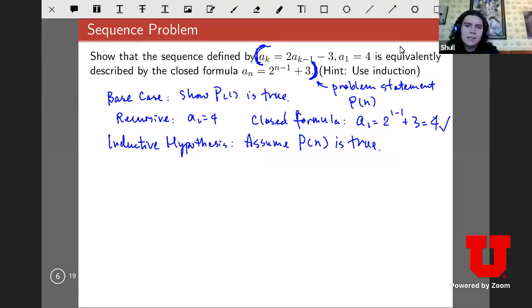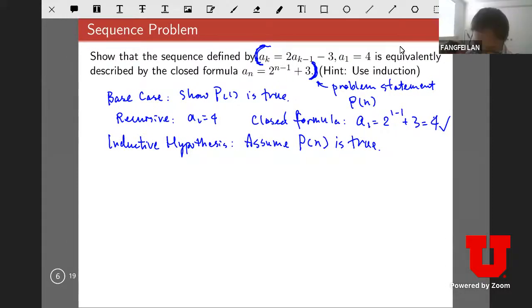So it's redundant to include the recursive sequence in P(m), but you can do it both ways. I don't think anyone would take points off if you say that you assume that A(n) is equal to that. Yeah, sure, okay.